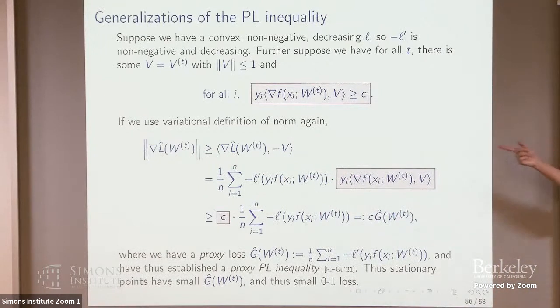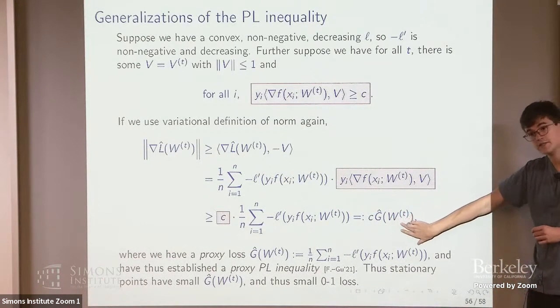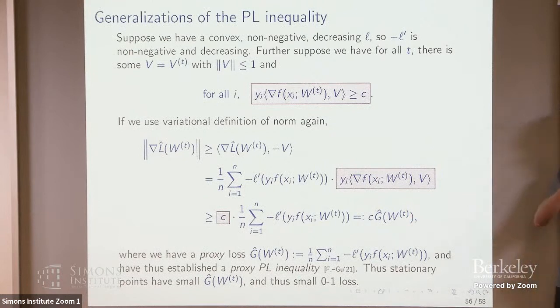And if we're driving that gradient norm down to 0, we're driving G hat to 0. That means that the loss under minus L prime is getting small, which means that the loss under the 0, 1 loss is getting small. So this allows you to deal with any convex decreasing function just by translating the problem to a different loss function that's still relevant to the problem at hand.